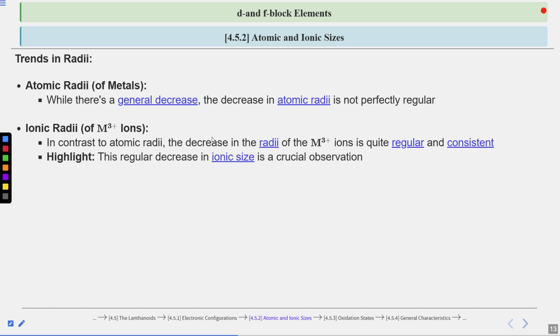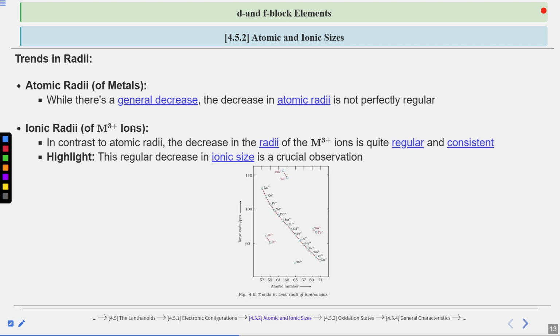The highlight point is that this regular decrease in the ionic radii in the form of M3 positive ions is a crucial observation. Okay, so decrease in the ionic size is a crucial observation.